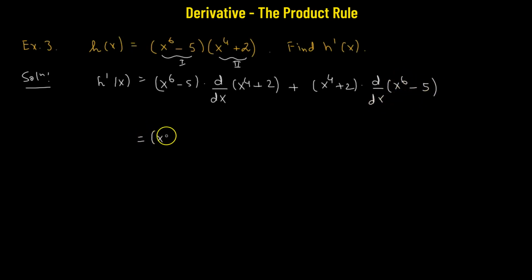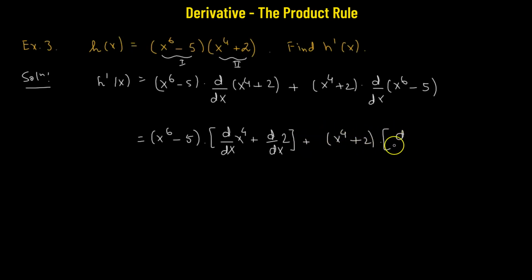So this will give us x raised to the power of 6 minus 5 multiplied to derivative with respect to x of x raised to the power of 4 plus derivative with respect to x of the constant 2, plus x raised to the power of 4 plus 2 multiplied to derivative with respect to x of x raised to the power of 6 minus derivative with respect to x of the constant 5.